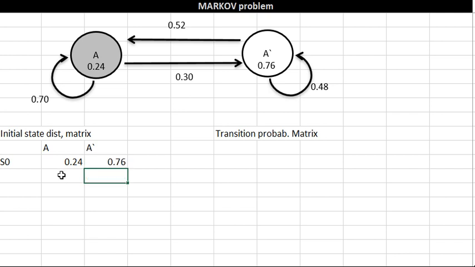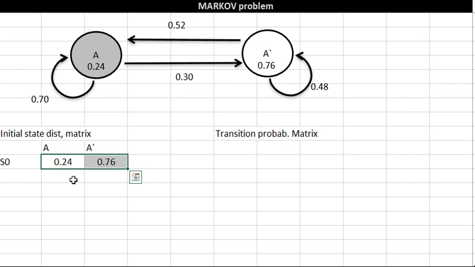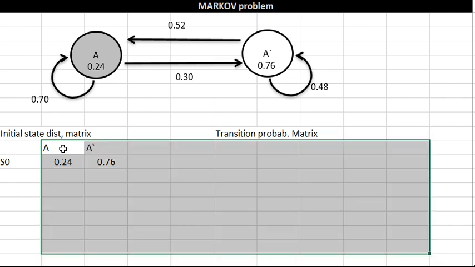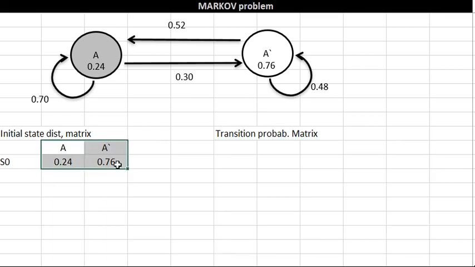Always remember na dapat ang total ng dalawang ito should be equal by 1. Always remember that all values of your A and A prime, kung siya man ay maging tatlo, A1, A2, A3, should be equal by 1. Dapat ang total. This is now our S0. This is our matrix, S0.